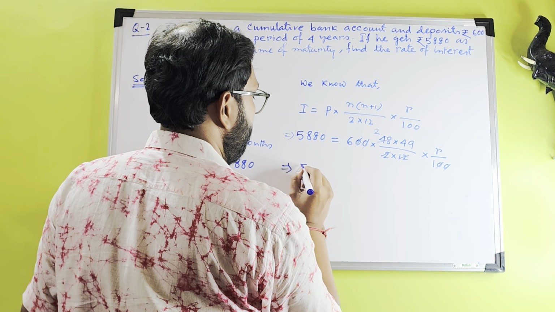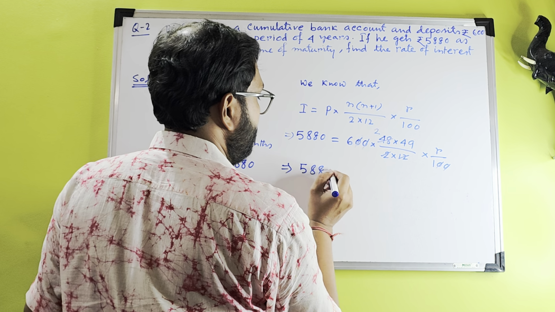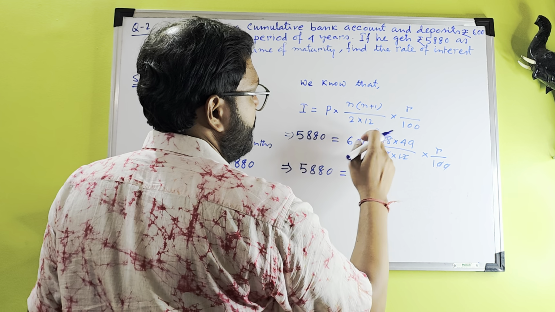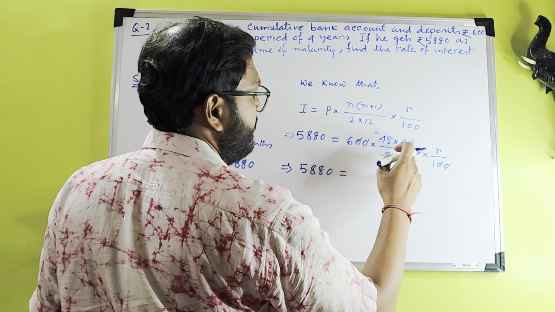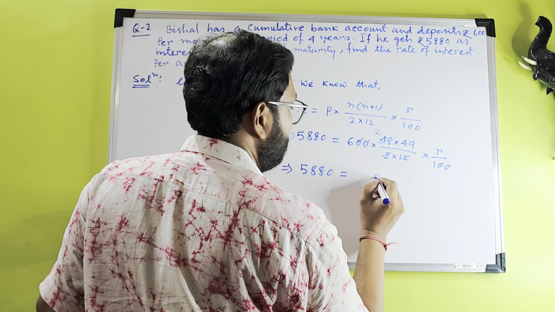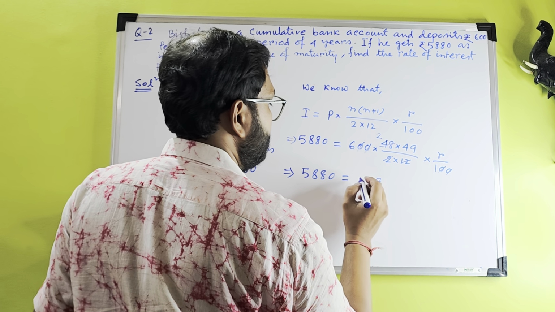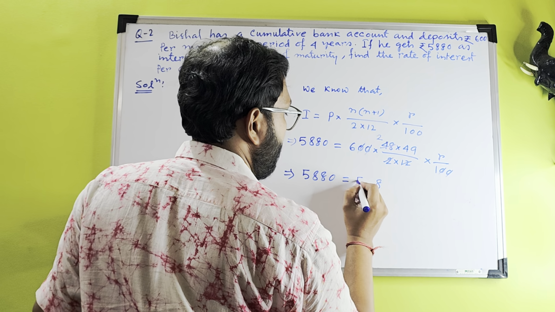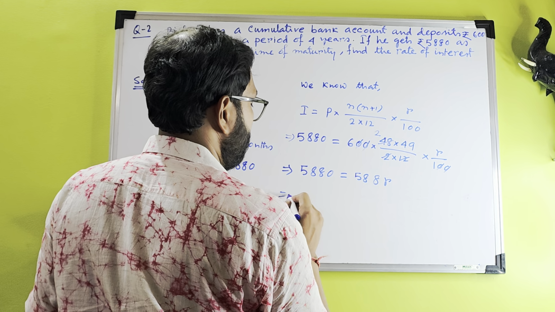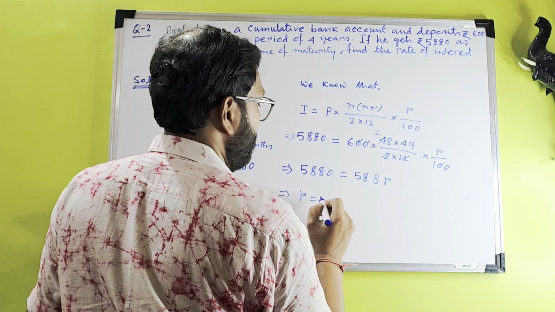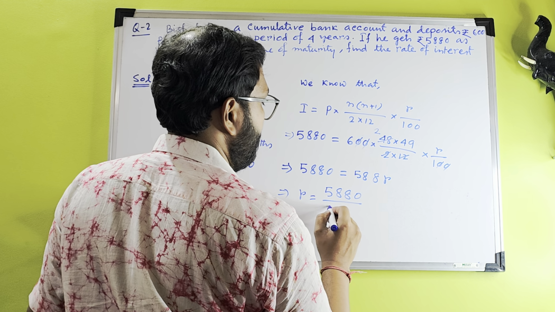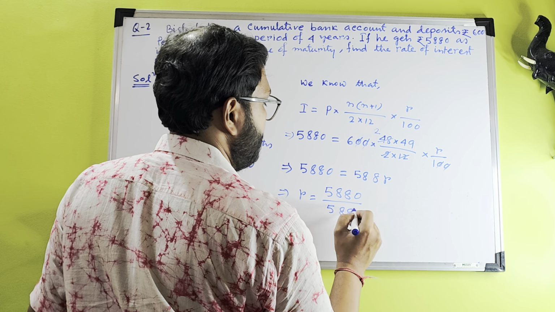So 5880 equal to, if we multiply 6 2s are 12, 588 R. So R equal to 5880 by 588.